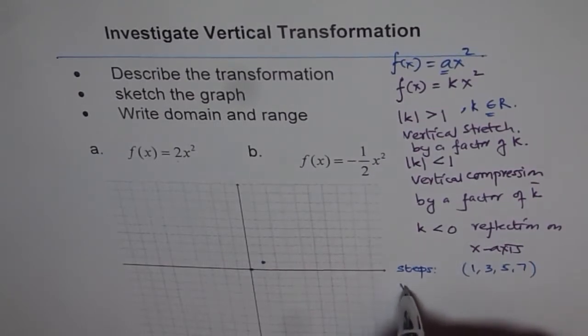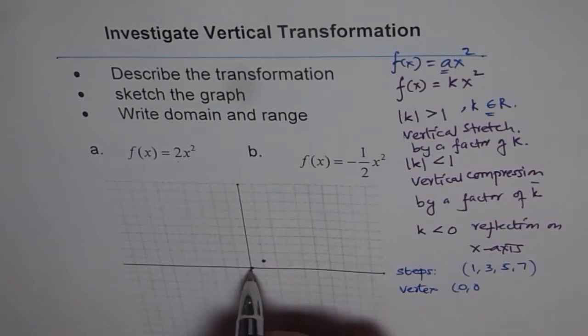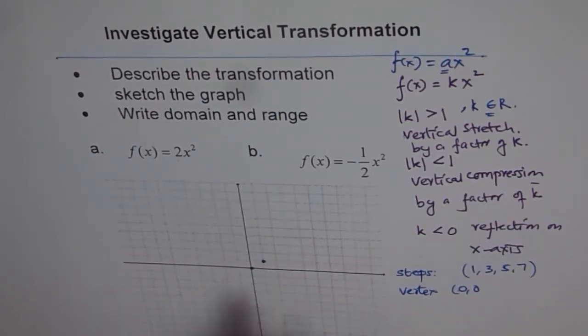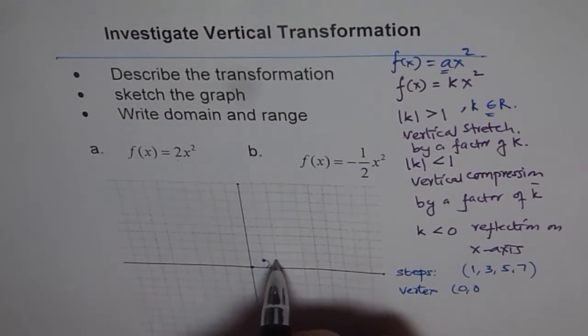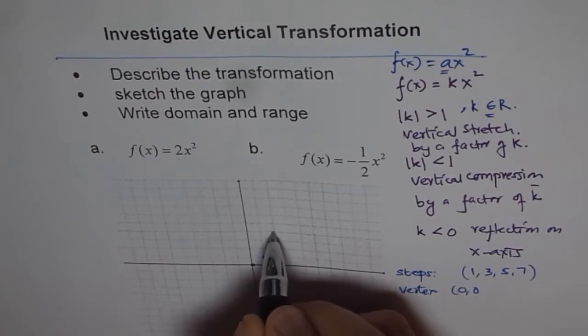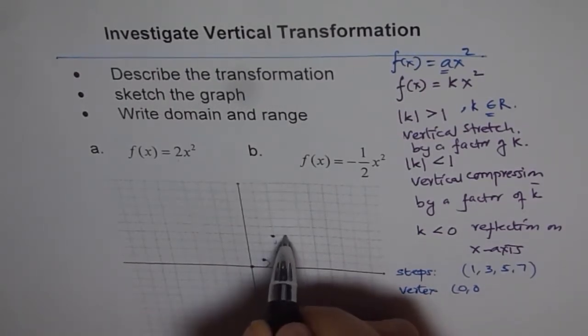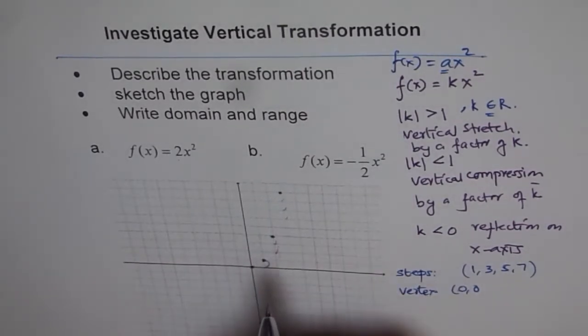They start with the vertex, and for x square the vertex is 0, 0. So we are at 0 and we'll follow 1, 3, 5, 7. That means move 1 unit and then 1 up, and then move the next unit, move 3 up. So from here 1, 2, 3, and next unit 5 up, 1, 2, 3, 4, 5. You get the point like this.